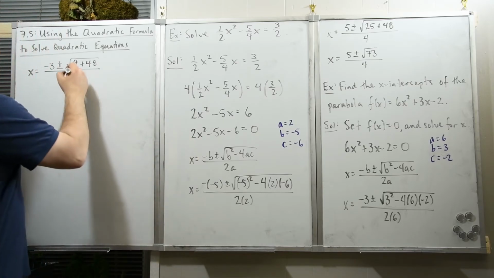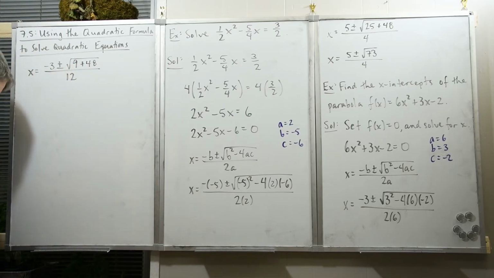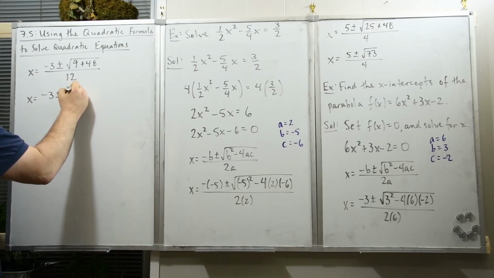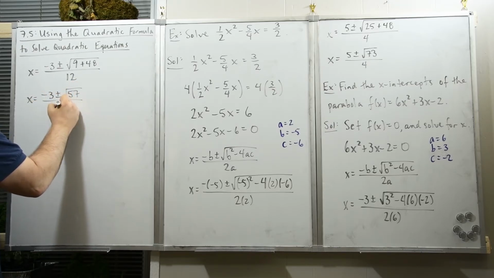Bottom is 2 times 6, which is 12. So it turns out that we need to add the 9 and the 48 underneath the radical. We'll have x is negative 3 plus or minus the square root of 57 divided by 12.